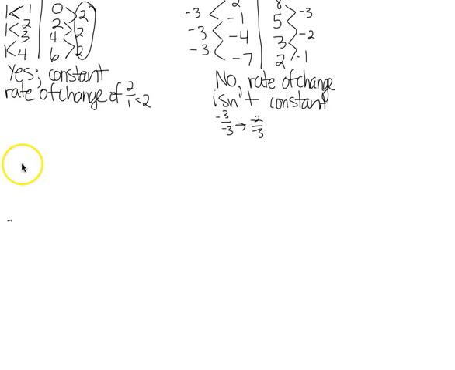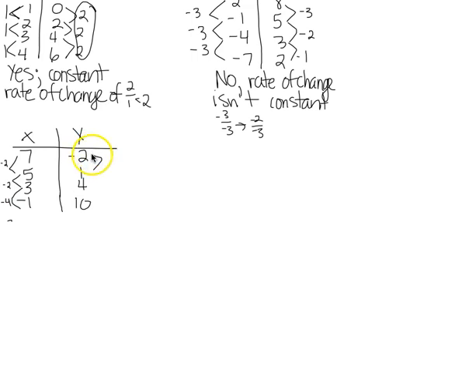All right, next table that we're going to look at, we've got 7, 5, 3, and -1, and then -2, 1, 4, and 10. So when we look at these, our x's, this is going down by 2, down by 2, and then this one went down by 4.